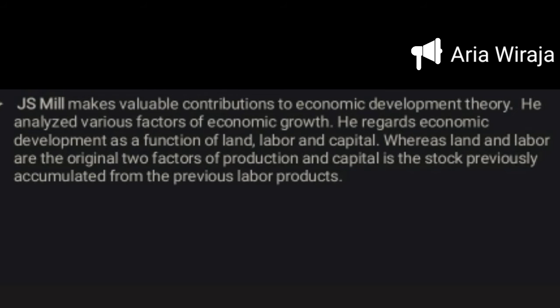J.S. Mill made a valuable contribution to economic development theory. He analyzed various factors of economic growth. He regards economic development as a function of land, labor, and capital. Land and labor are the original two factors of production, and capital is the stock previously accumulated from the products of previous labor.